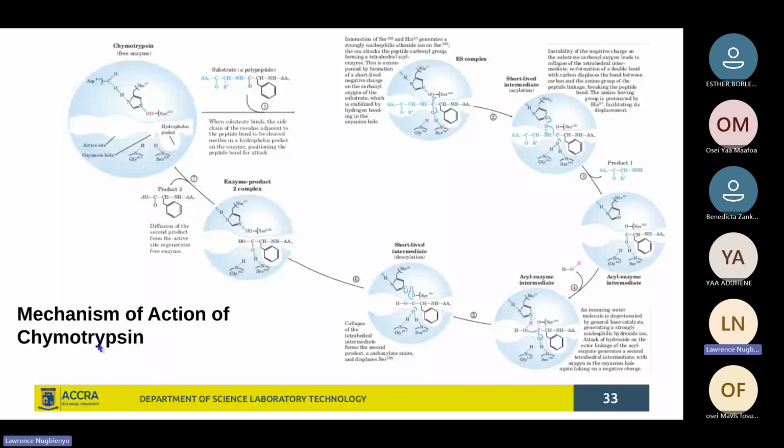Which means chymotrypsin specifically recognizes that bond formed with aromatic amino acids from the carboxylic acid side, forming the bond with the amine side of another amino acid. That is what we looked at.